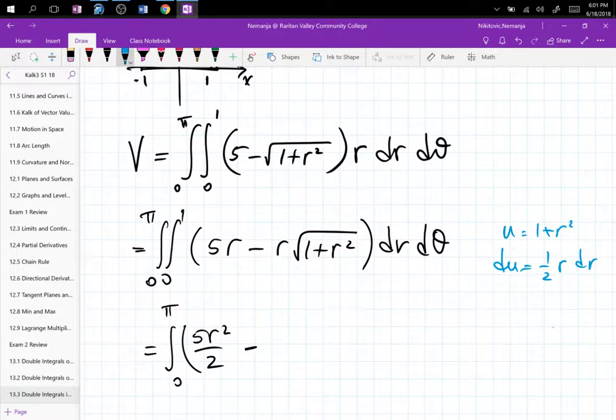Uh-huh. 2r? Did you just say 2? Wouldn't du be 2r dr, not 1/2? You can take out the 1/2.